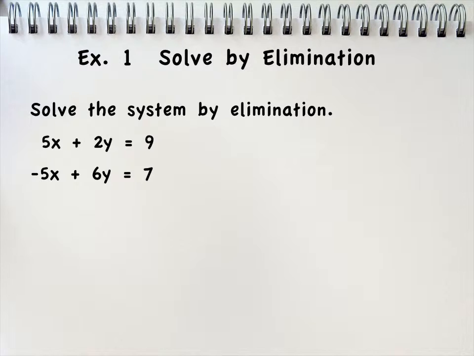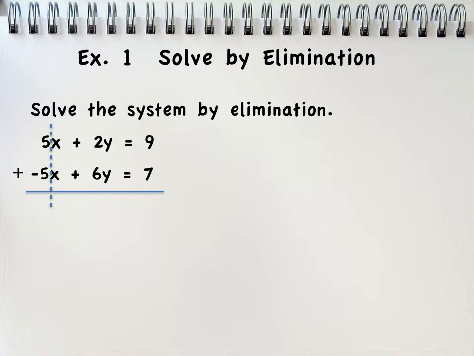These lines are in standard form, ax plus by equals c. And I notice that if I were to add these two equations together, the x terms would cancel out because they're additive inverses.